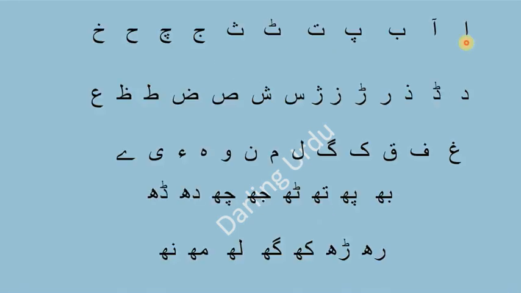Students, from alif to ne, these are 53 sounds, and from alif to badiye, these are called individual sounds or individual letters, and these 15, base to ne, are 15 sounds. These are called compound letters or compound sounds.